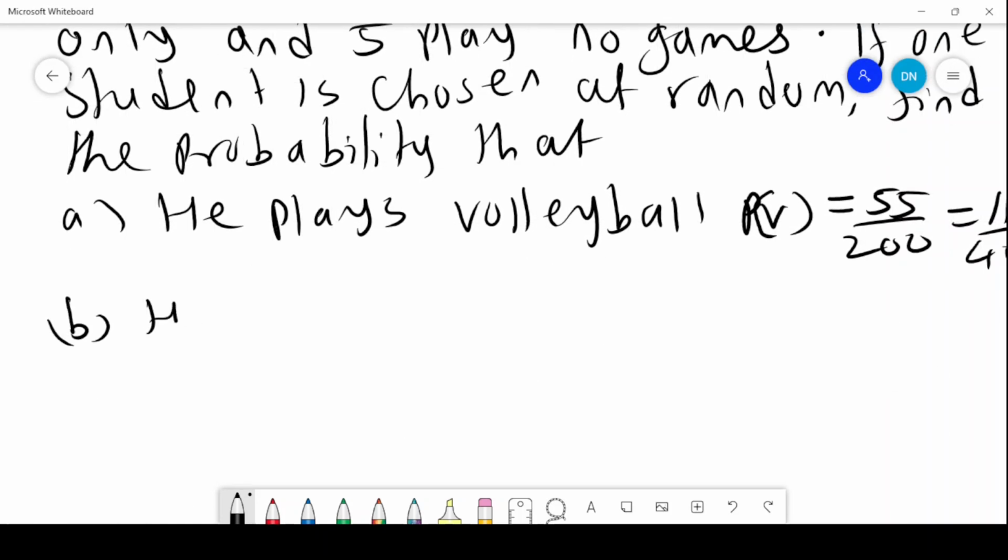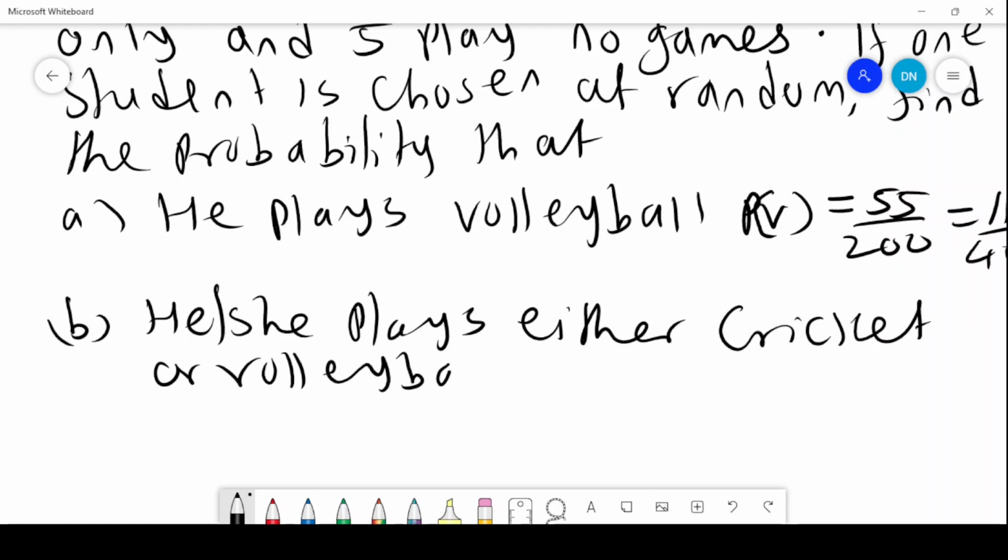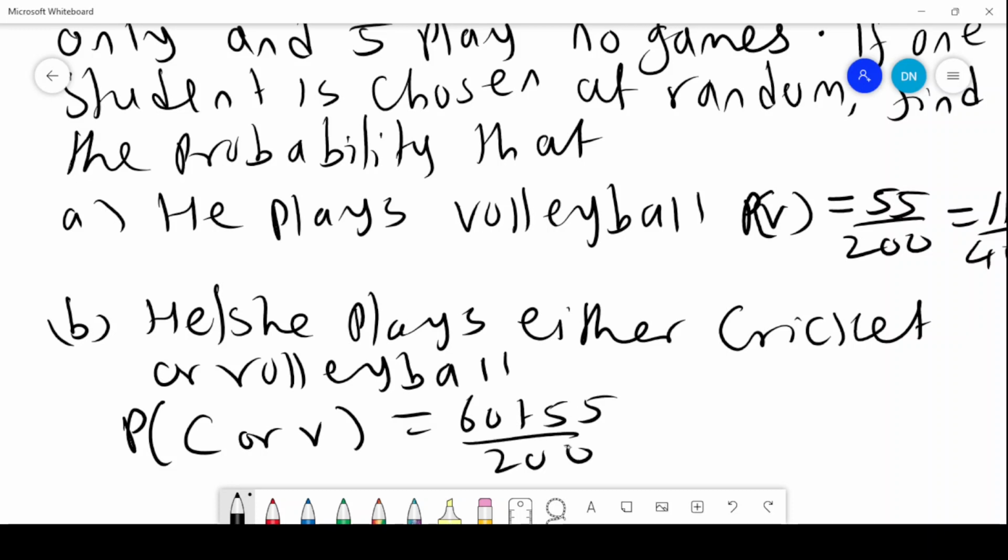He or she either plays cricket or volleyball. So we take the number of those who play cricket and the number that play volleyball, and divide by the total number of students, which is 115 over 200. And if we divide by 5, this will be 23 over 40.